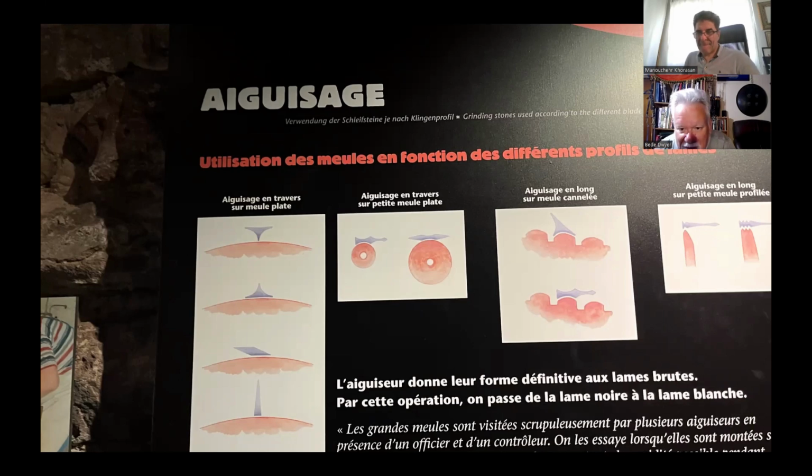But see, they've taken a complex cross section, some of them have two fullers, some have one fuller on each side, so that they've got a raised part of the wheel that will take the rough cut version and smooth it right down to what you need in a sword.